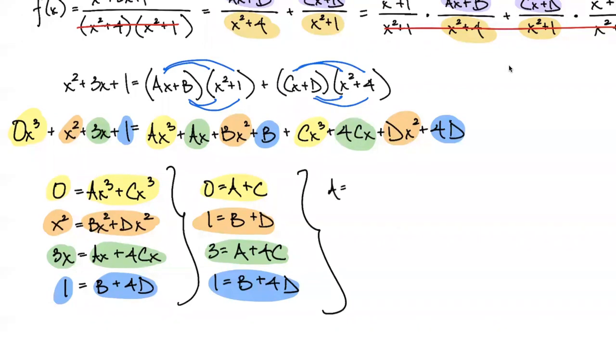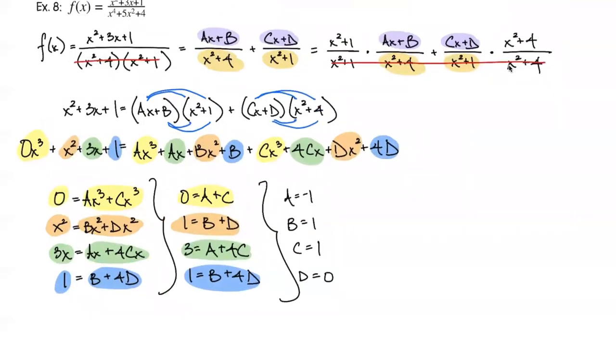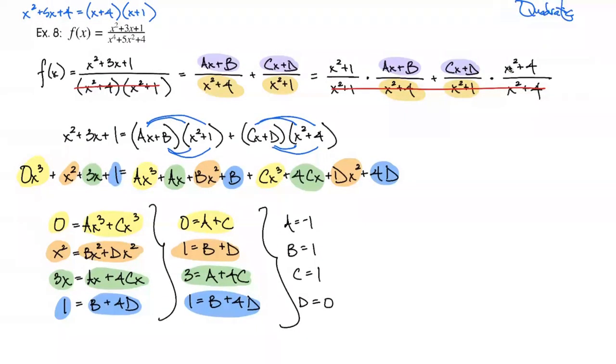And in fact, we found a equals -1, b equals 1, c equals 1, and d equals 0. So we found our values, but we're not done until we put them back into our equation. So we have our actual solution, like we know what the a, b, c, and d mean.